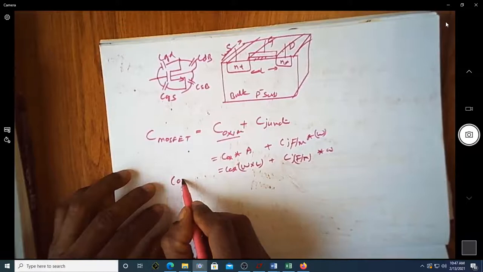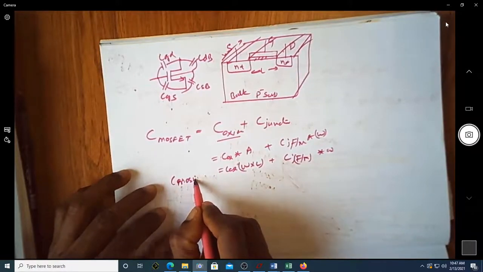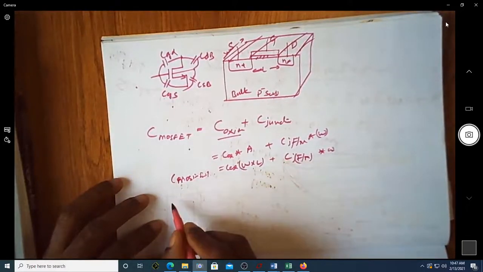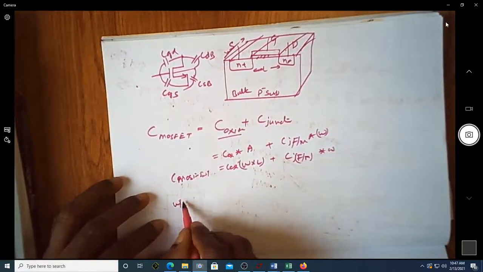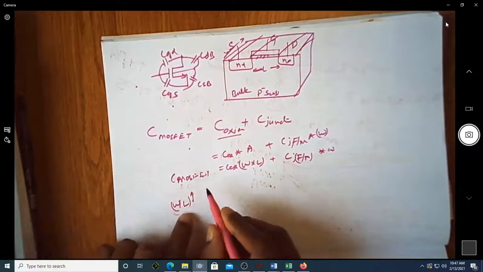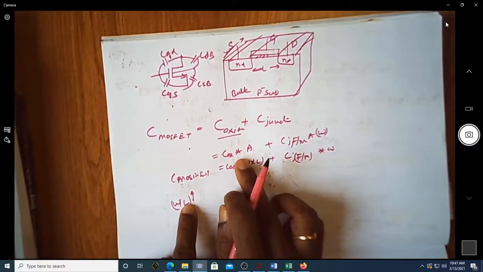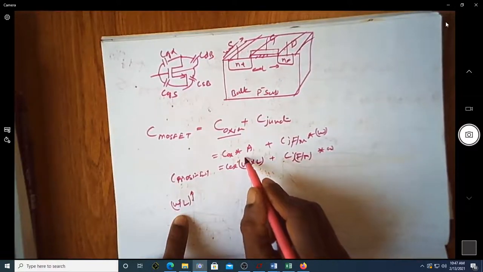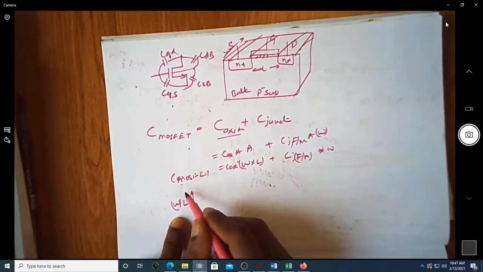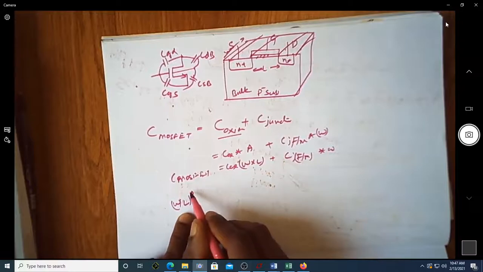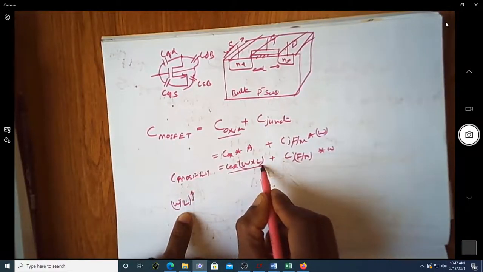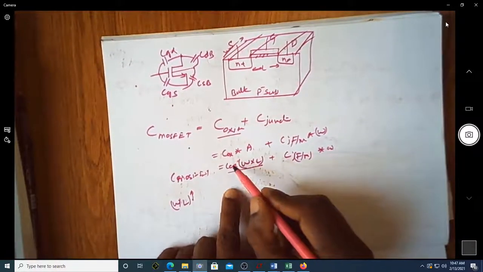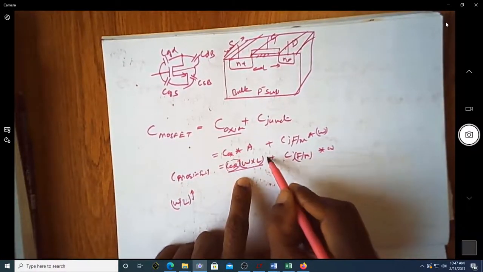What we are trying to note here is how the MOSFET capacitance varies with the dimension. Suppose you increase the W by L ratio, keeping the length constant and increasing W. Does the oxide capacitance increase? Yes, as W increases, because L is constant, the capacitance is going to increase.